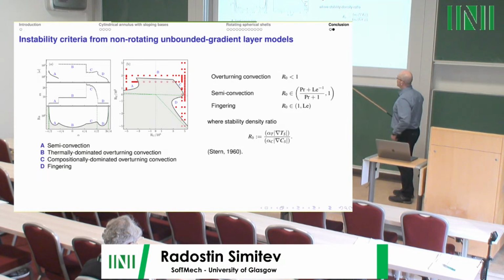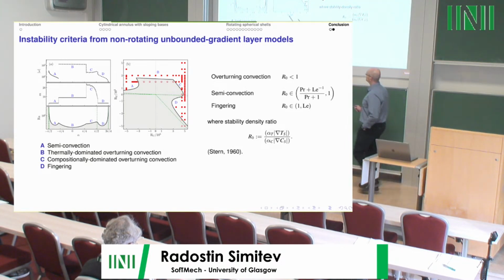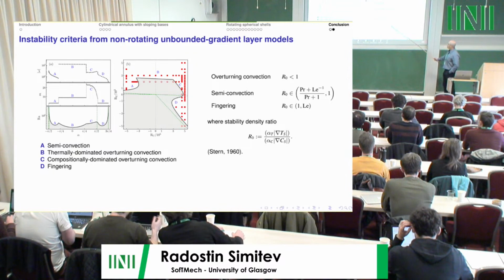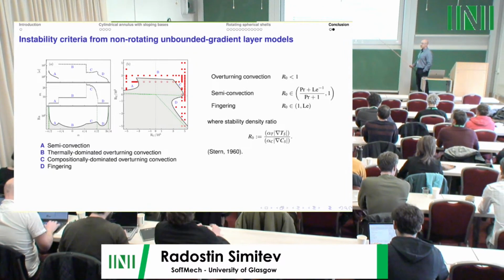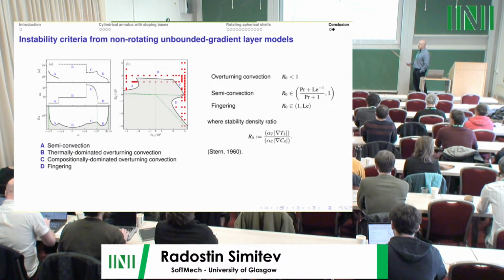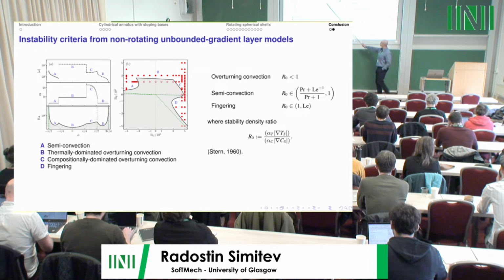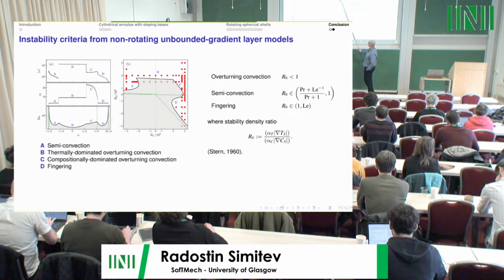There have been some estimates, instability criteria in what is called the non-rotating unbounded gradient layer model. In there, the stability criteria are defined in this stability density ratio parameter. And we've looked into that. So this is the stability criteria for overturning convection, which is plotted as these little green lines I didn't comment on.